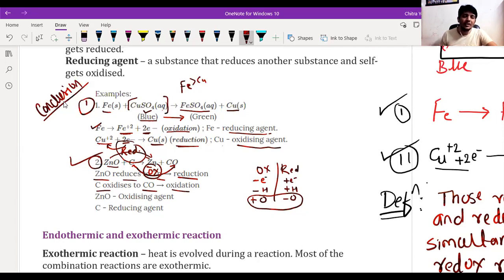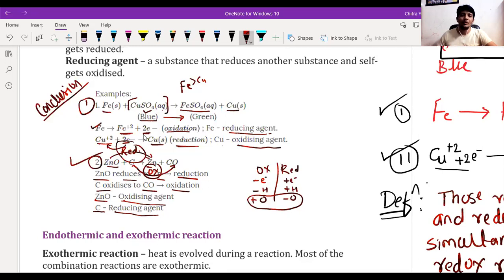See here, ZnO gets reduced, hence it causes oxidation of other species, that's why it is called an oxidizing agent. Whereas carbon gets oxidized and causes reduction of zinc, that's why it is called a reducing agent. So this is all about the redox reaction. Now understood everybody?